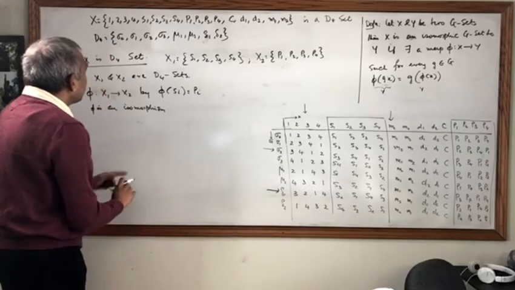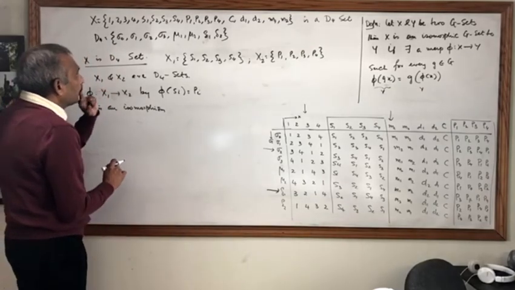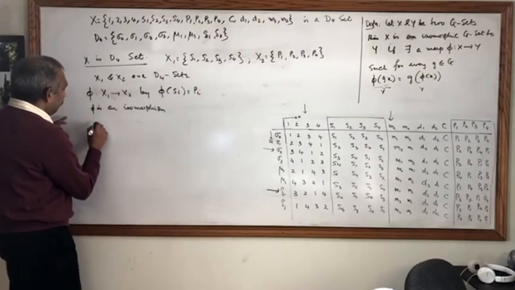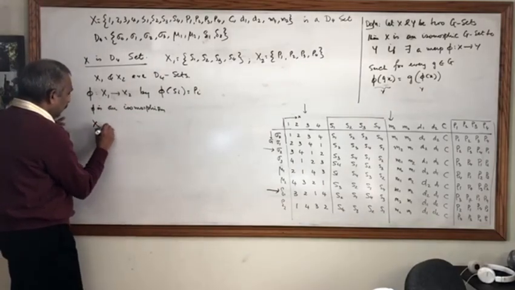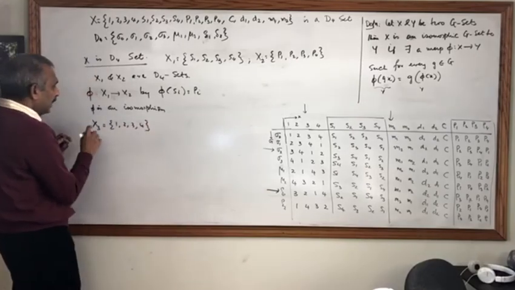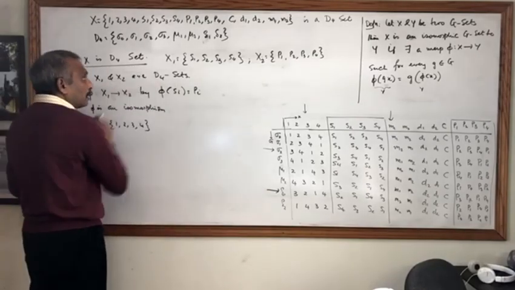Let us take another 2 subsets. Let us take X3 as 1, 2, 3, 4 and see whether X3 and X1 are isomorphic.